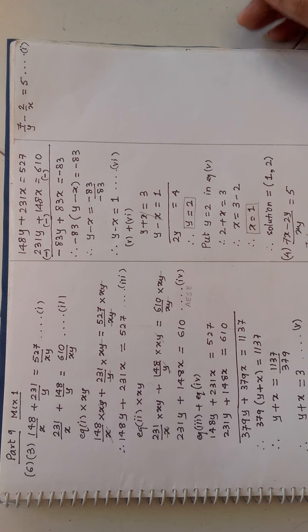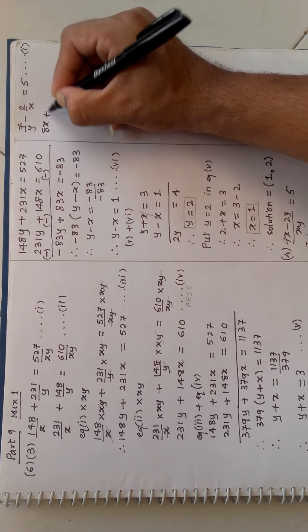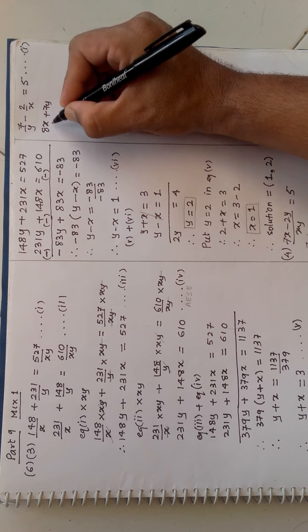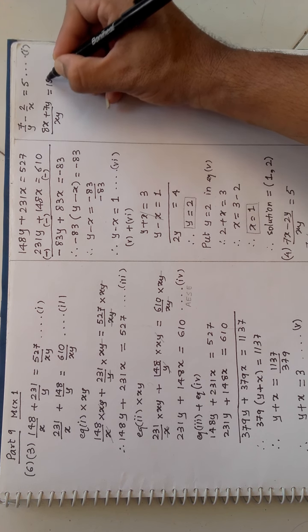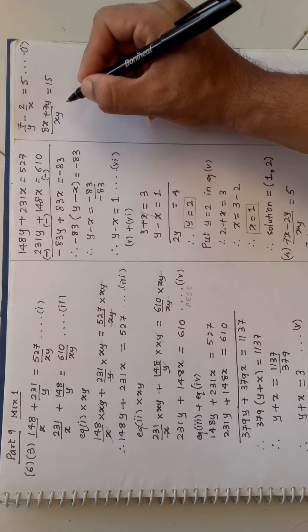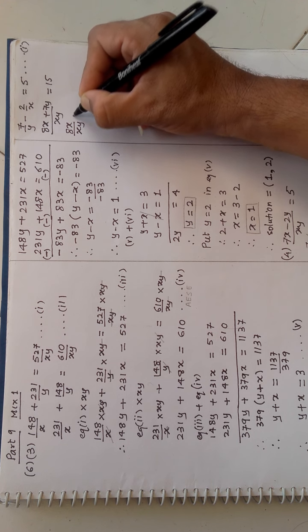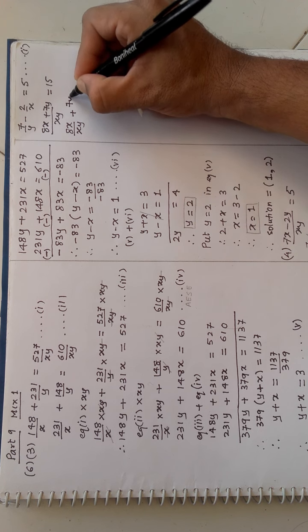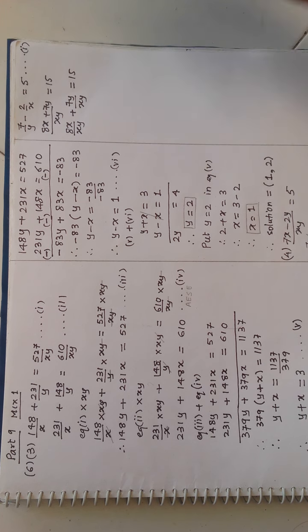Now the next part I am writing is 8x plus 7y upon xy is equal to 15. Same thing I am going to do. Since addition is there, I will separate it: 8x upon xy, common denominator, plus 7y upon xy is equal to 15.